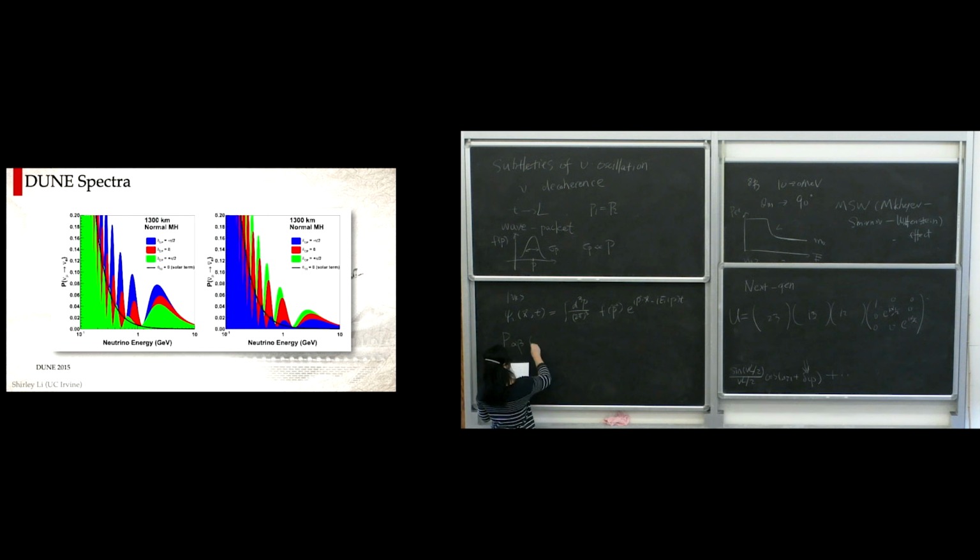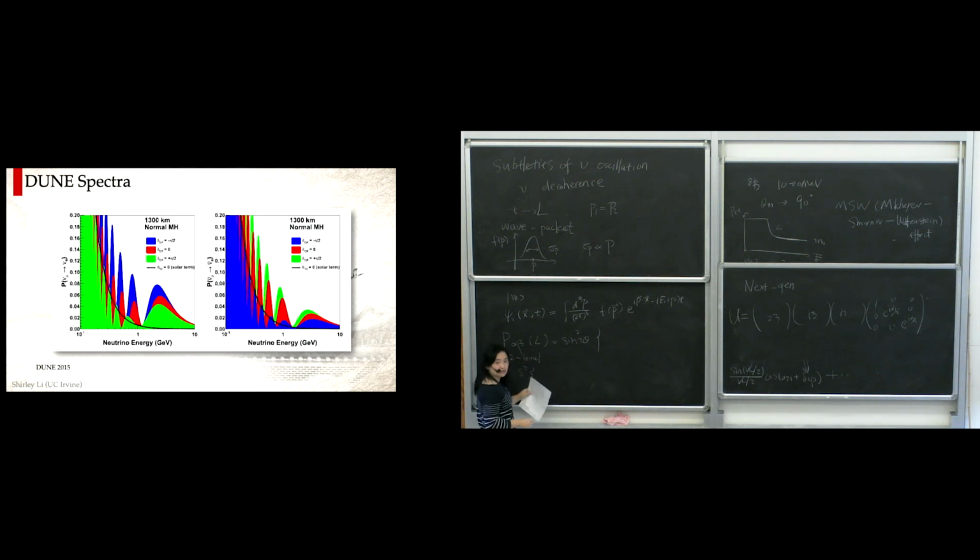Now it really goes as a function of L, and we're still doing the two-level system just for simplicity. Earlier, it looked like a sine squared times a sine squared. Now, with this wave packet, it changed a little bit. It still starts with sine squared 2 theta, the same as the vacuum case.